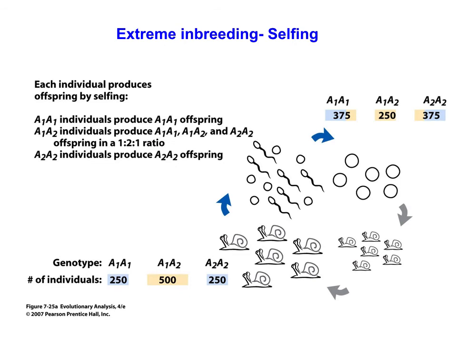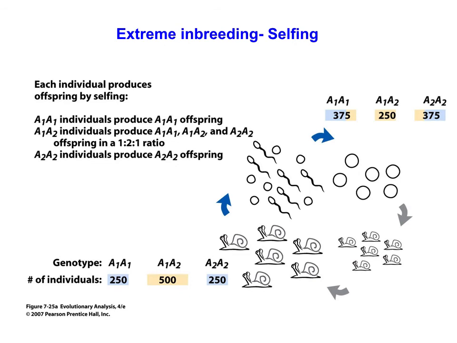Let's start at the bottom left corner, and take a population where we have 500 heterozygous individuals, 250 A1 homozygous individuals, and 250 A2 homozygous individuals. The A1A1 and A2A2 homozygous individuals, when they mate, produce 100% offspring just like them, A1A1 or A2A2.